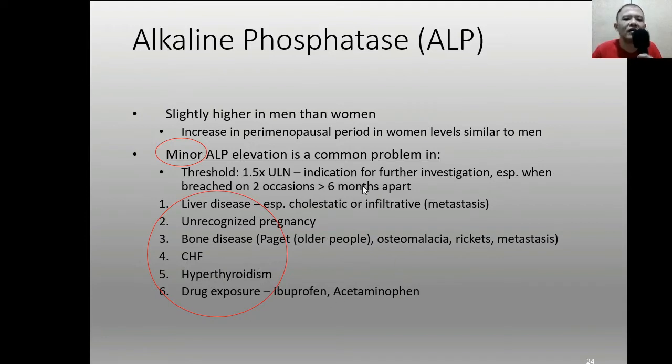So just take note, what are the sources of this ALP? You may have biliary epithelium, that means the gallbladder. You also have the liver, because I showed you the illustration of the canalicular side of the hepatocyte. You also have a source of ALP there, and also the bone.